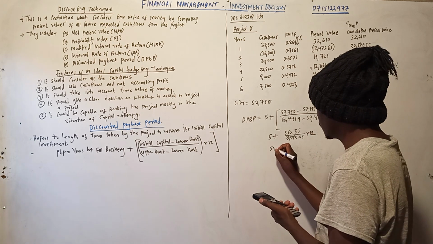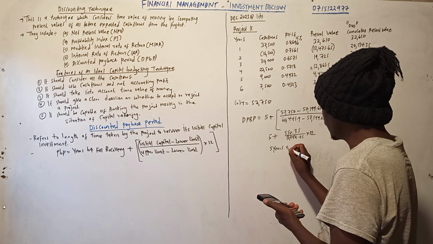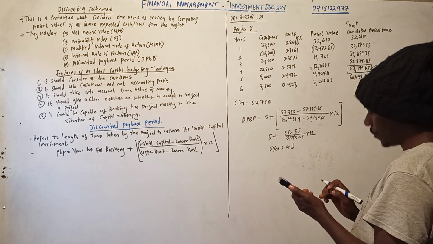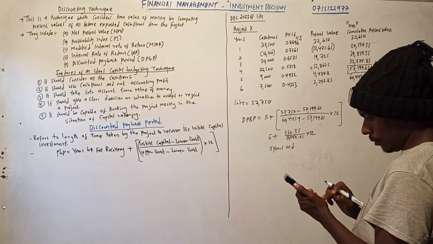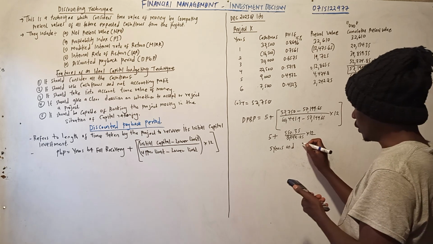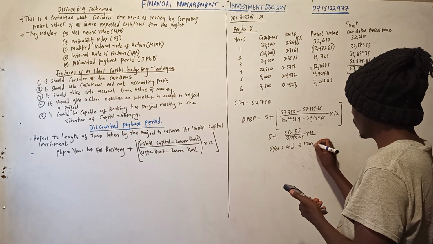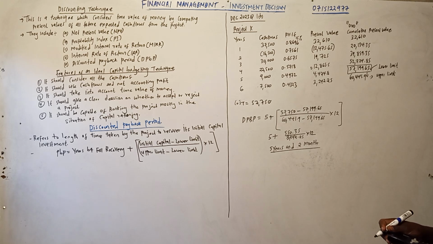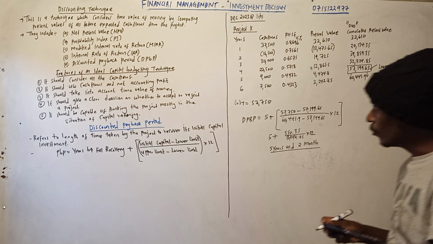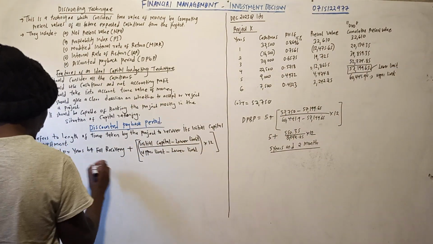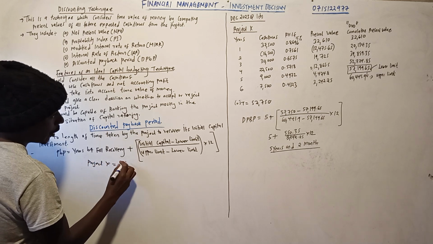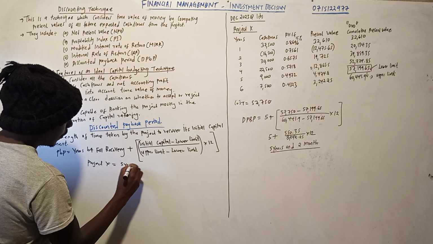So that is 5 years, and 550.35 divided by the answer times 12 gives 2 months. So that is the payback period for project X. So project X takes 5 years and 2 months.